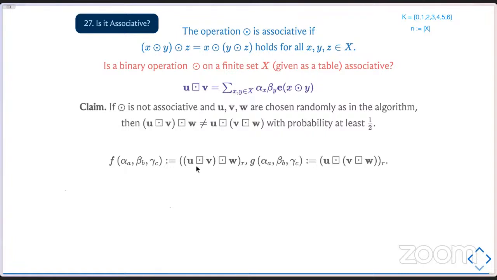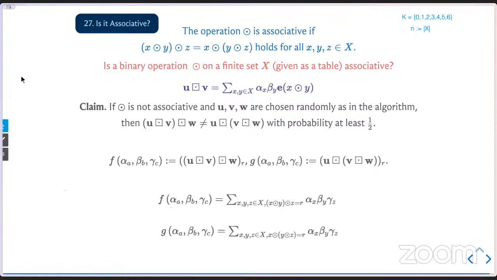So we look at this product vector, look at the rth index, and denote that rth index as a function of alpha A, beta B, gamma C. That we can do because of what we just discussed: in these 3 vectors, everything is fixed except for these 3 locations, being these 3 random variables. So we can think of this rth index as some function of these 3 random variables. And in particular, those functions basically look like this.